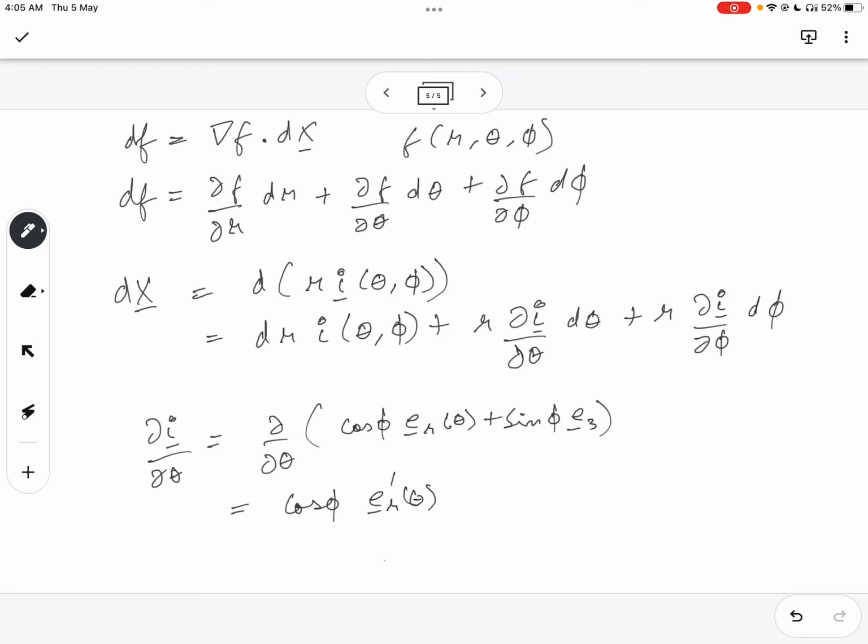E r dash is d by d theta, which is cos phi e theta.